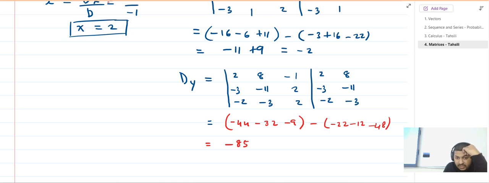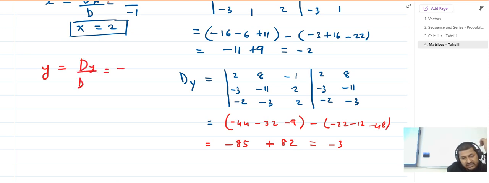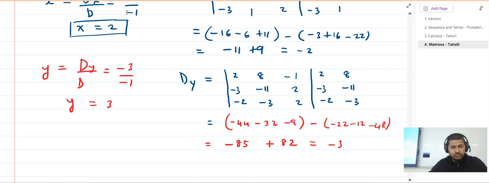I don't know whether, yeah, it should be added to 22 and 48. 22 and 48, so it's going to give me 70, 82, -82, so +82. So dy is -3. So y is equal to dy over d. That's negative 3 over negative 1. So what's y equal to? 3. So I got x as 2, y is 3.